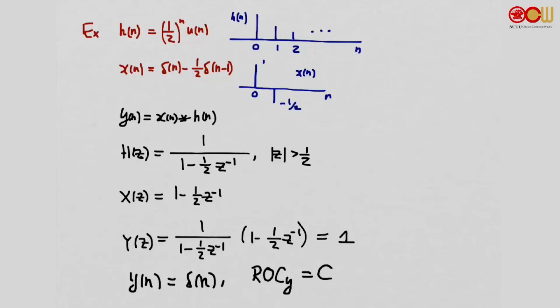And of course, it contains the intersection of the region of convergence of X and the region of convergence of H. The region of convergence for X in this case will be the whole Z-plane, except z equal to 0.